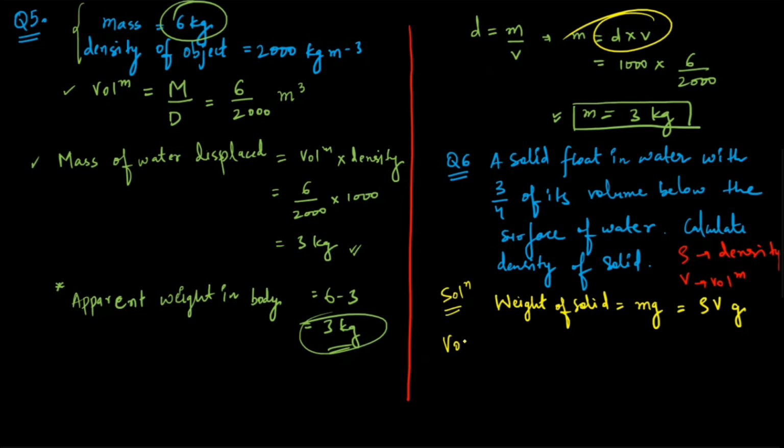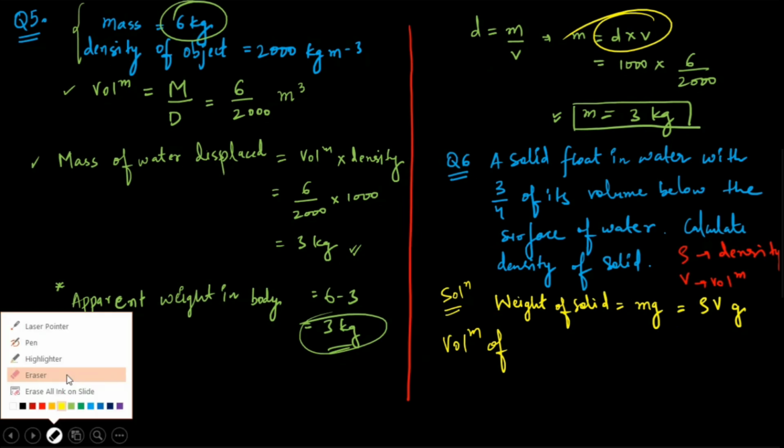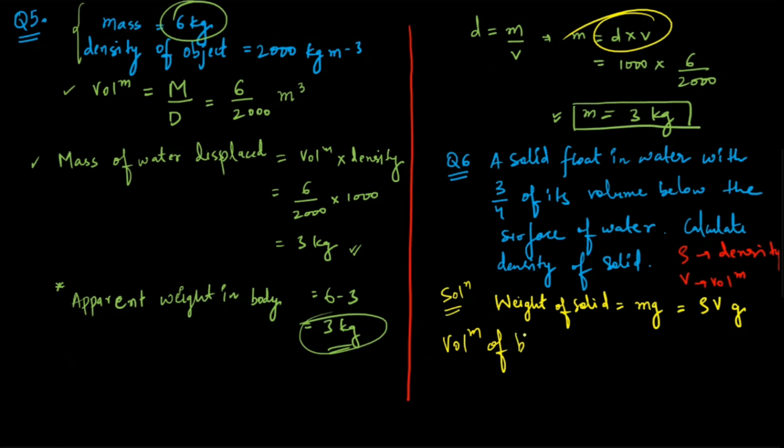So what is given to us is the volume of the block in water. Volume of block in water is 3 by 4 times its volume, which we assumed V, right? Now, this much volume of block in water is equal to the volume of water displaced, right?